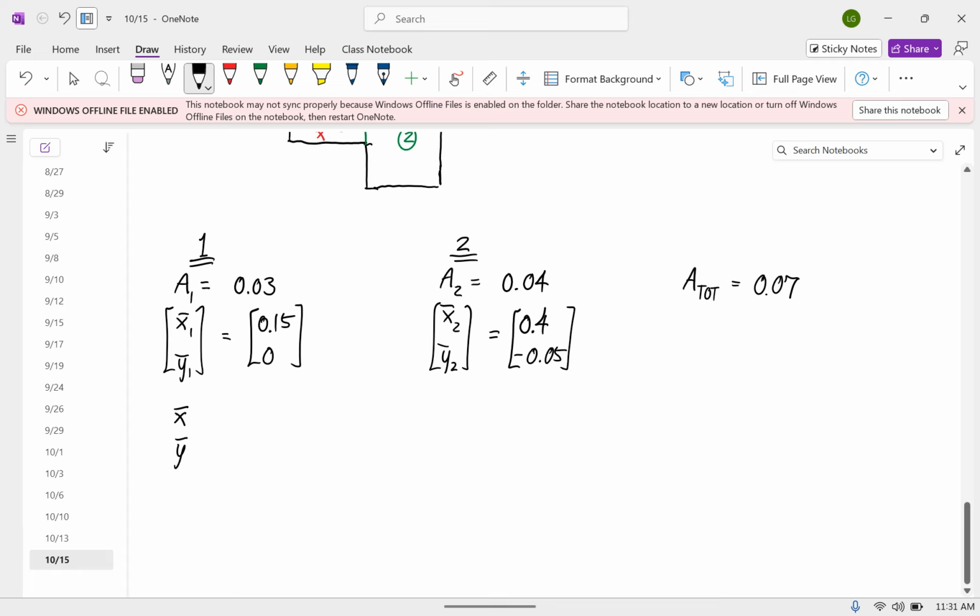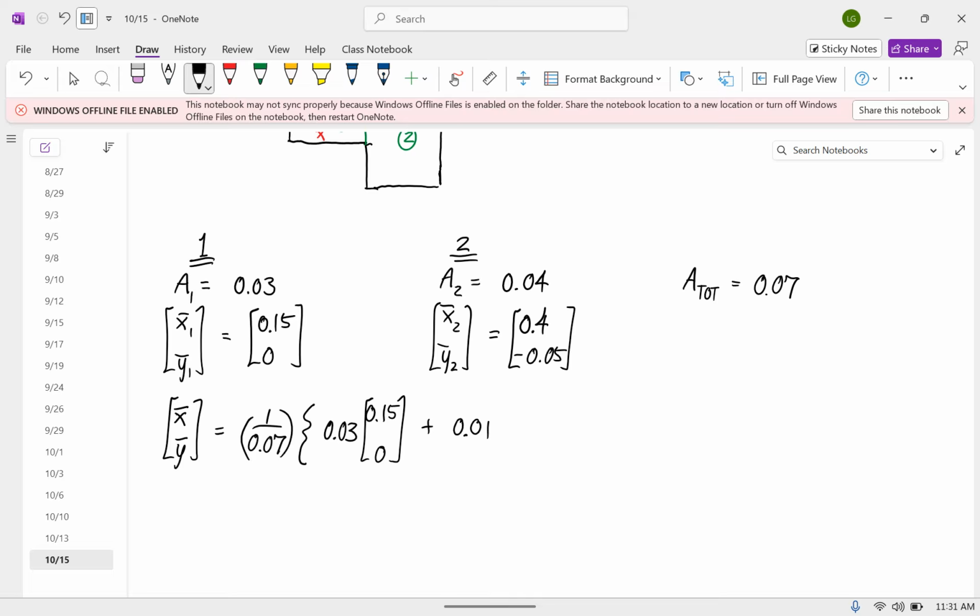So the centroid of the whole thing is 1 over 0.07 times 0.03 times the vector 0.15, 0, plus 0.04 times the vector 0.4, negative 0.05.